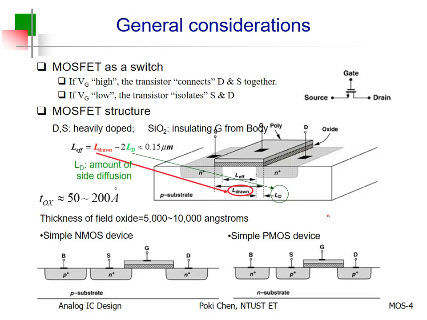This is the general consideration. Why do we need such kind of MOSFET? From the very beginning, any kind of transistor is supposed to be a switch. For example, BJT, right? Even earlier than MOSFET. What does it mean? It has only 3 terminals.